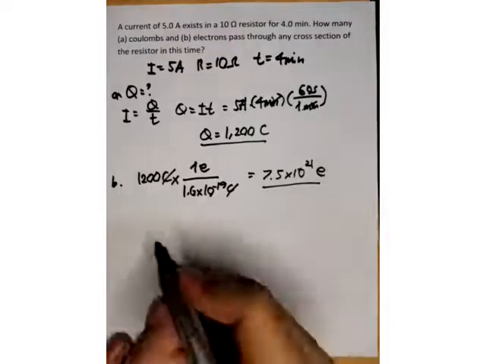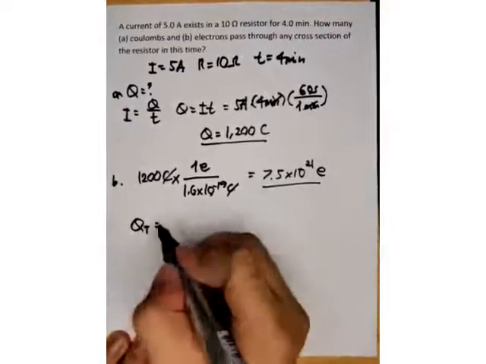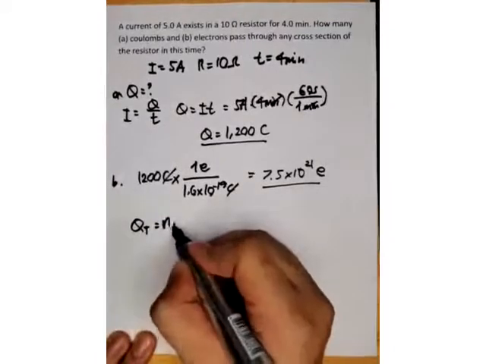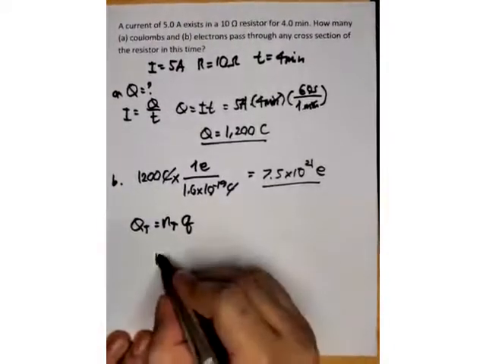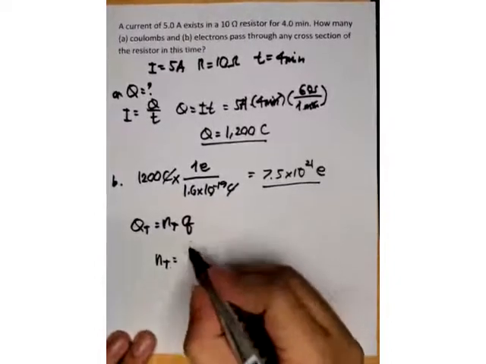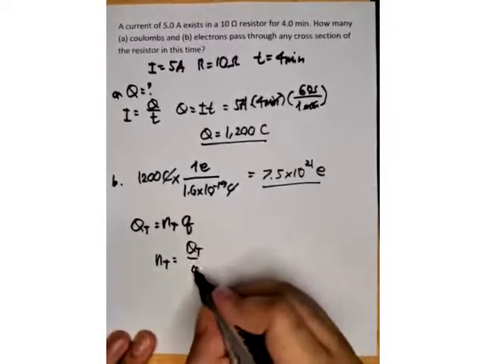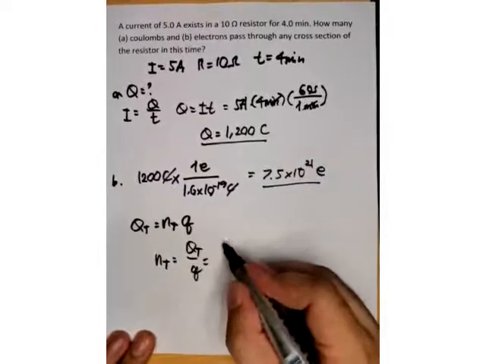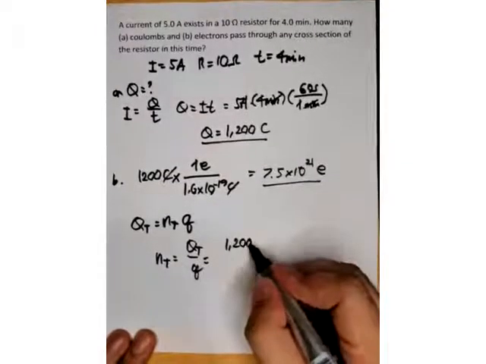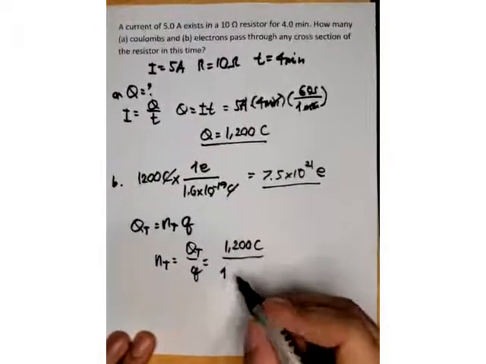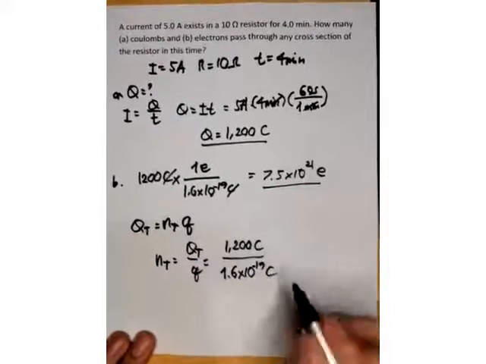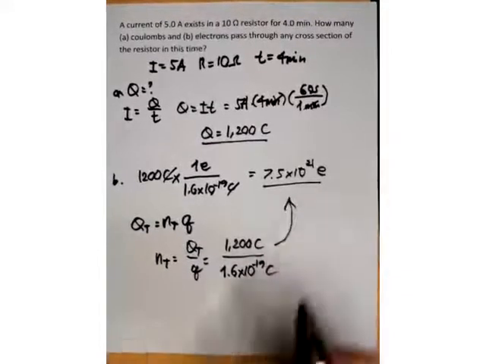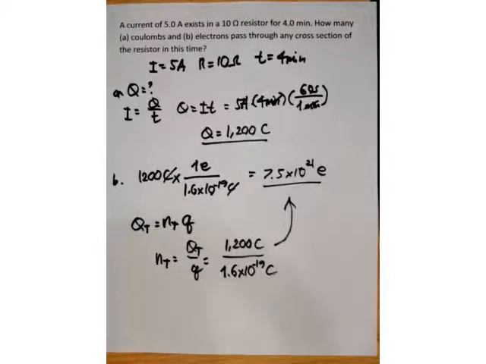So what's the other way? Di ba ang total charge ay equal siya sa total number of charges times the charge of each. Or yung number of charges is equal to total charge over the charge of each, which is 1,200 coulomb over 1.6 times 10 raised to negative 19 coulomb. So the answer is still 7.5 times 10 to the 21.